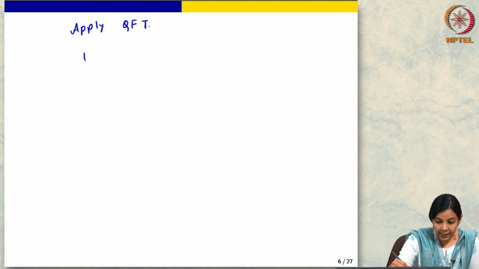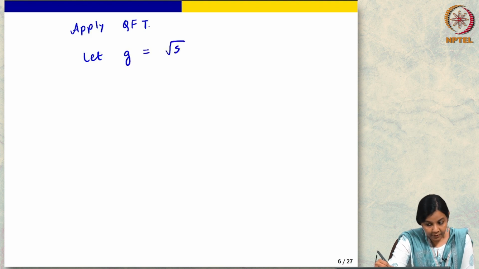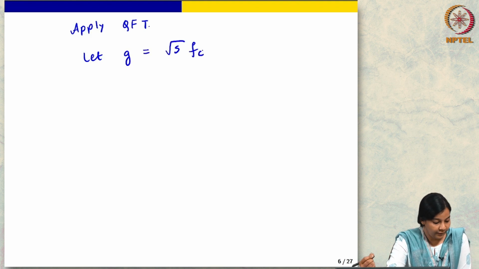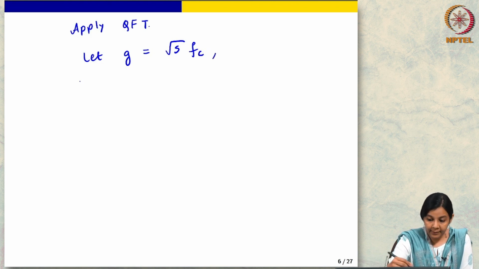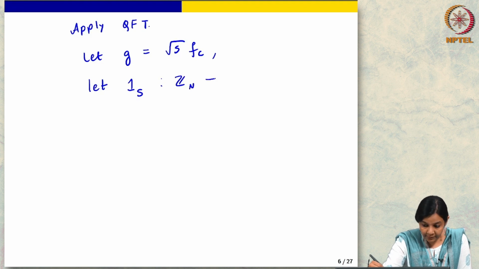Okay. So, now let me just say that I define g as root S times fC, and let 1_S be an indicator, a sort of membership testing function. So, let me define it.